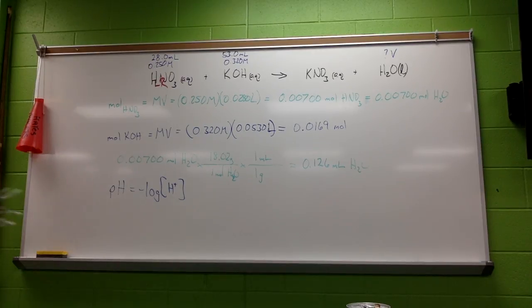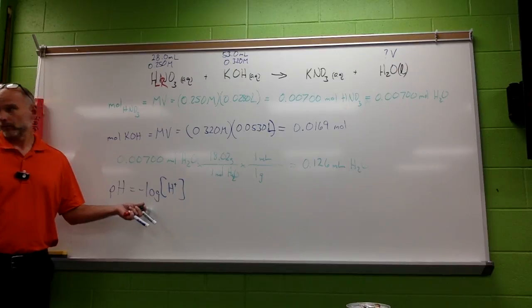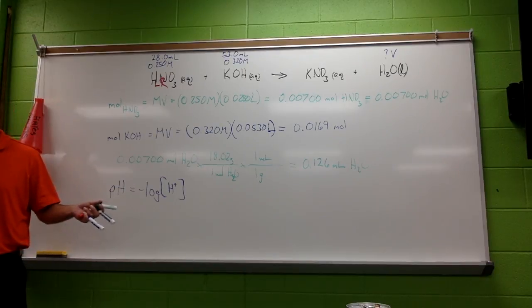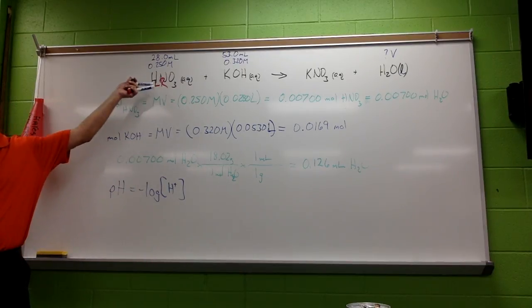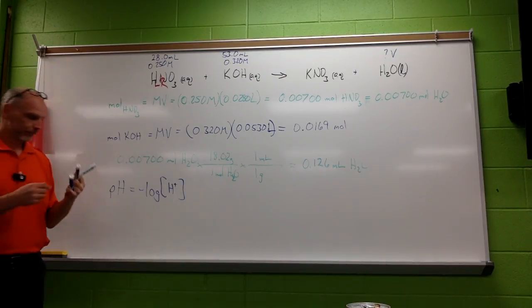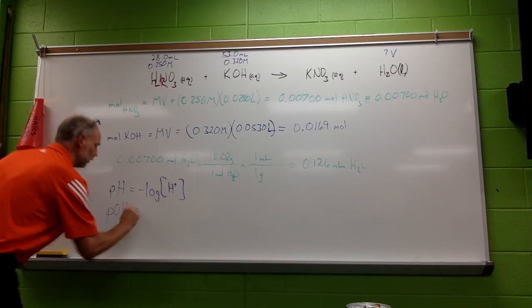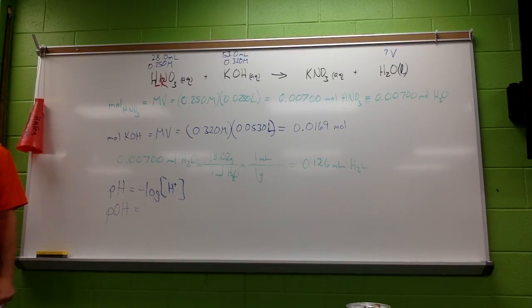Hold on. Now, the problem is with this equation, this finds pH for us, but we have no hydrogen ion left because it was the limiting reactant. However, anyone want to take a stab here?